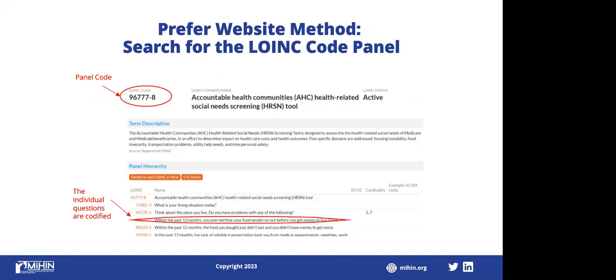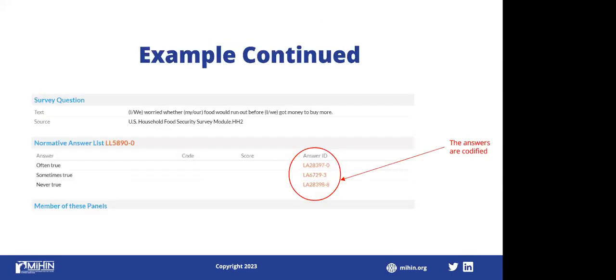You'll get each of the questions and their LOINC code, such as 88122-7, representing the question of within the past 12 months, you worried that your food would run out before you got money to buy more. Next slide, please. As mentioned earlier, the answer code set provides 3 LOINC codes for each of the responses: often true, sometimes true, or never true.